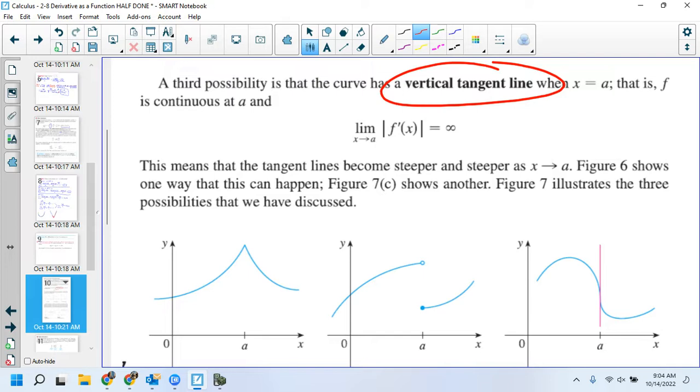If you've got a vertical asymptote, then the function is not differentiable at that point. That's continuity right there. If I have a vertical asymptote, it is not continuous there, which means it's not differentiable at that asymptote.